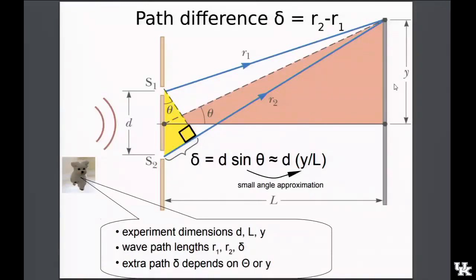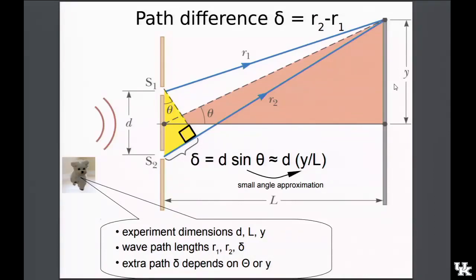We need an equation, of course. No physics experiment would be complete without an equation to describe it. We needed an equation to describe the locations of the bright and the dark fringes, say their positions on the screen, or their directions towards the screen, in terms of the parameters of the experiment.